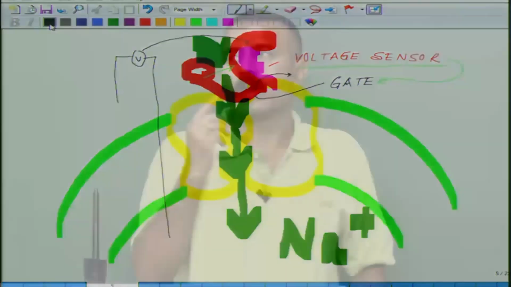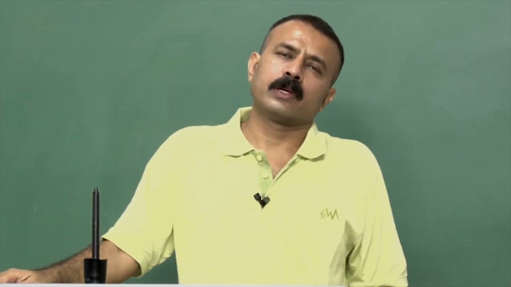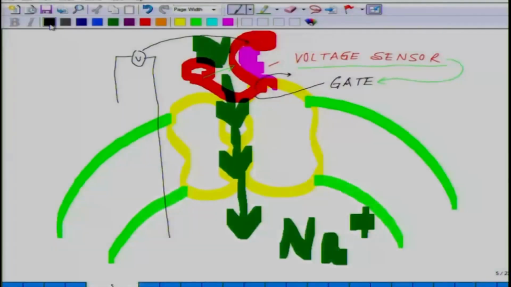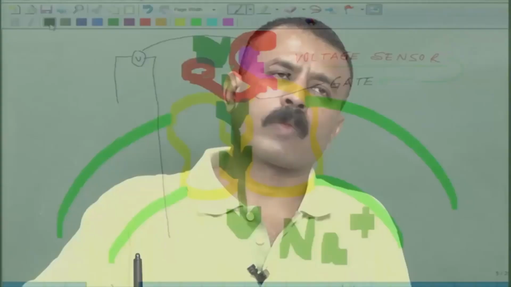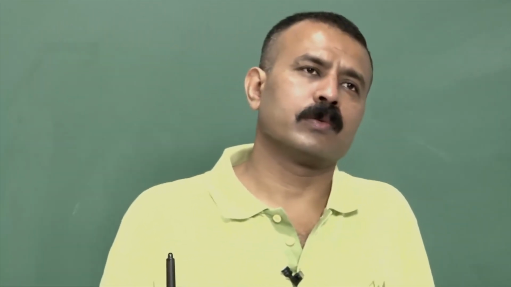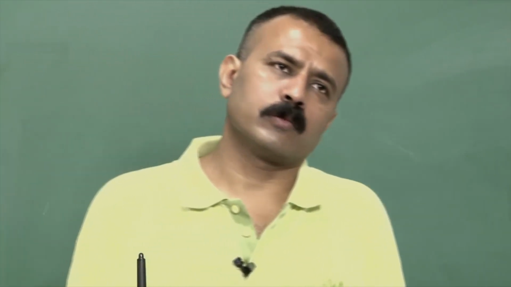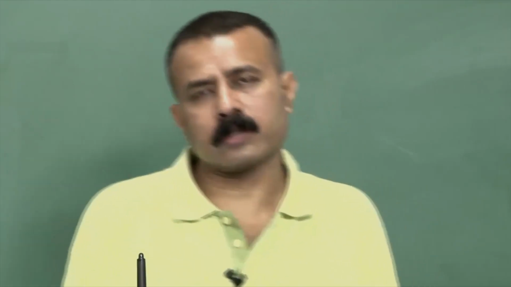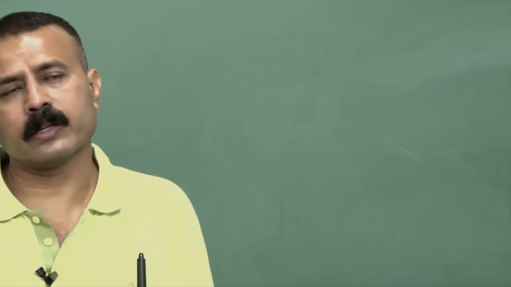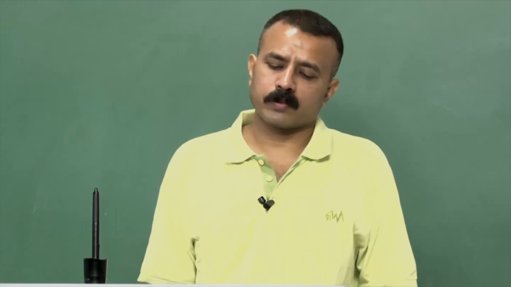It is just like a filter which is regulated by a voltage sensor and a gate, and these individual protein molecules are the smallest unit which generates excitability in the excitable tissues of the body, which includes our nervous tissue, all the neurons, the muscle, smooth muscle, cardiac muscle and skeletal muscle, and the neuroendocrine tissues which regulate the secretion of different kinds of hormones.